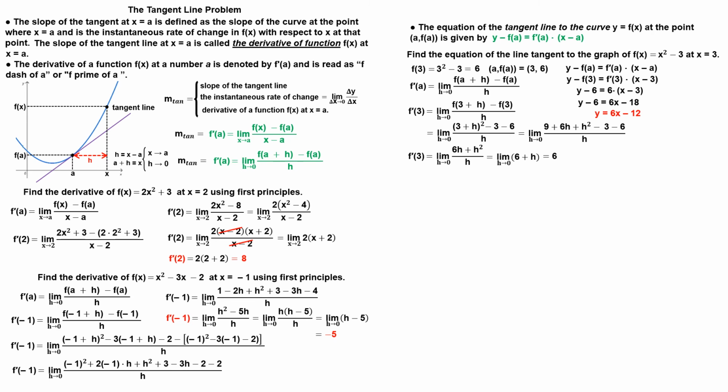Let's see another example. First, we will find the point on the curve that the tangent line will pass through. We calculate f of 2. We now find the derivative at this point.